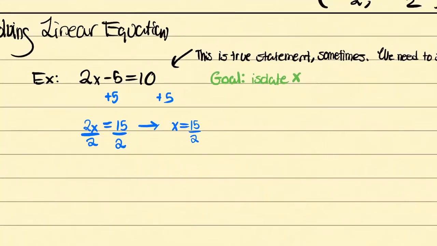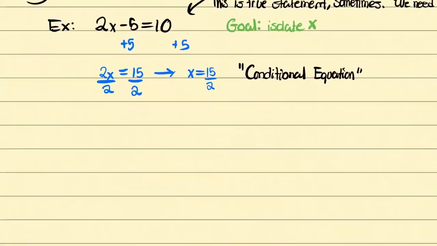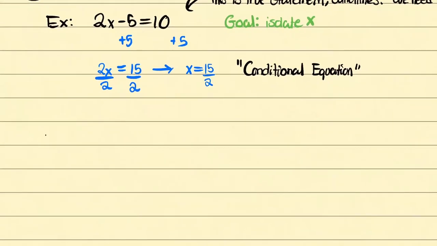So this is what we call a conditional equation. Meaning it's true sometimes. We can solve for when that sometimes is. Let me give you another example.